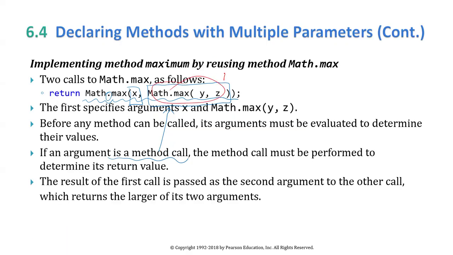It goes first. This is our first step. And then we compare with it. This is the second step. So that means the first call is passed as the second argument to the other call, which returns the larger of these two arguments. That means the return should be y or z. And then it will be compared with x.